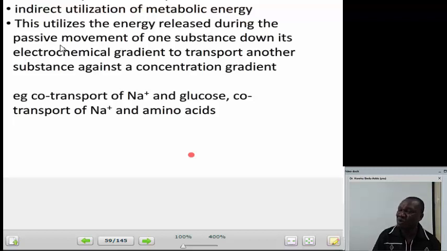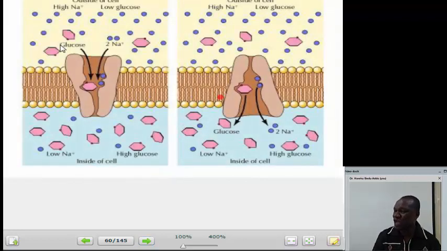Now, an example of secondary active transport is the co-transport of sodium and glucose, or the co-transport of sodium and amino acids. Now, let's look at this diagram.